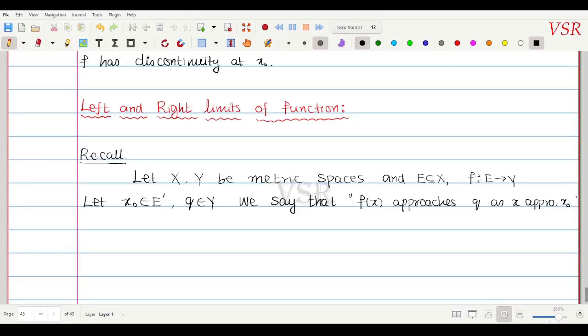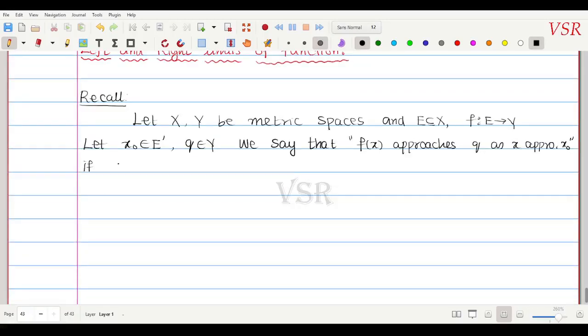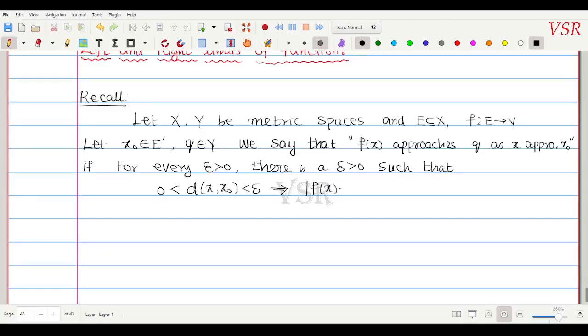This is the definition: f of x approaches q as x approaches x naught if for every epsilon positive, there is a delta positive such that whenever 0 is strictly less than the distance between x and x naught, which is less than delta, this must imply that the distance between f of x and q must be less than epsilon.